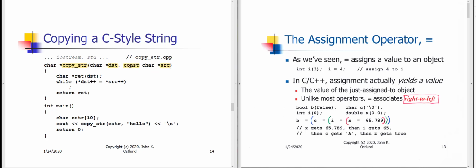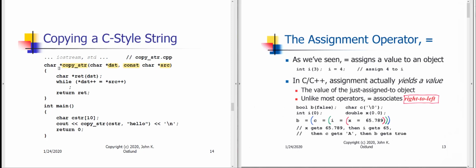So we're promising in this copy stir function not to change the source string that's coming in as the second argument. But we are going to change the destination. That's the whole point of copying the string. We're going to copy from the source into the destination. And so the destination cannot be declared as a pointer to char const, or if we attempted to change the destination, that would be an error.